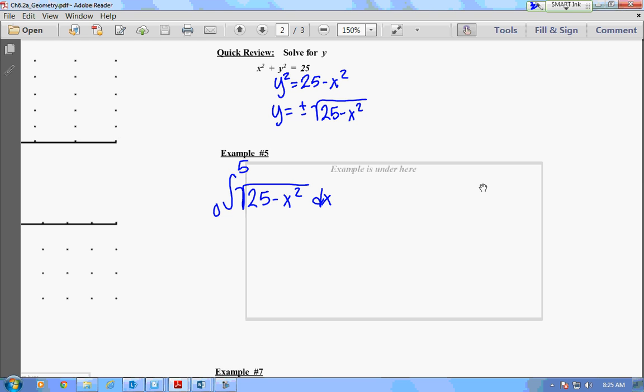What does this function actually look like? Now that we've solved it for y, it's a square root function. The positive square root looks like what? What do we get when we plug in 0?